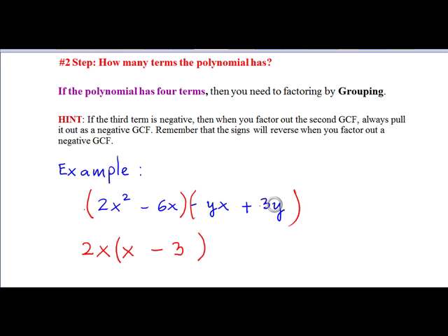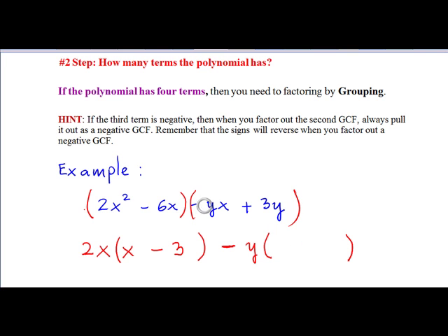For the second group here, the GCF will first be y, because y is common between the 2 terms, so I put y. And because the third term is minus, I put a minus like that. Now, put brackets. When you pull out the negative GCF, we need to reverse the sign inside the factor here.